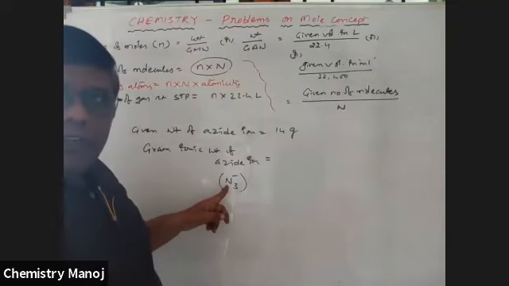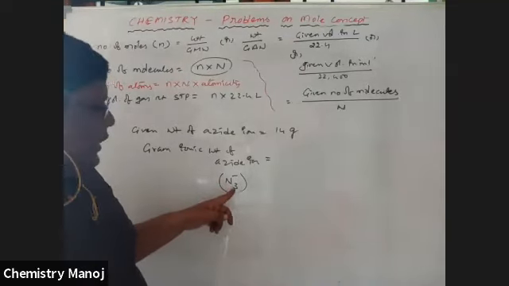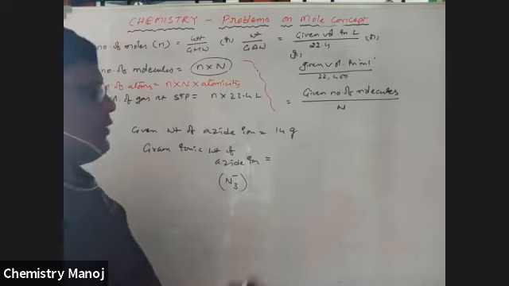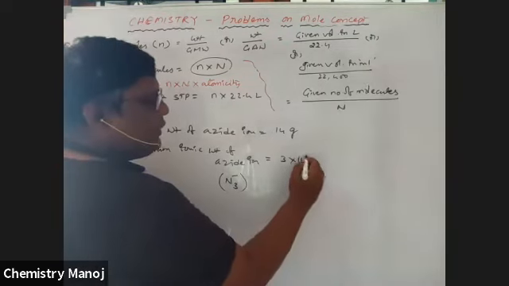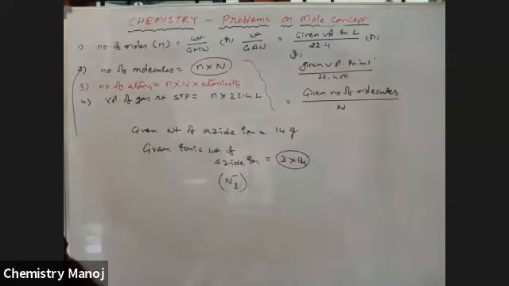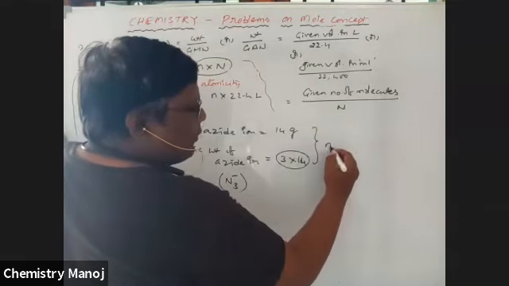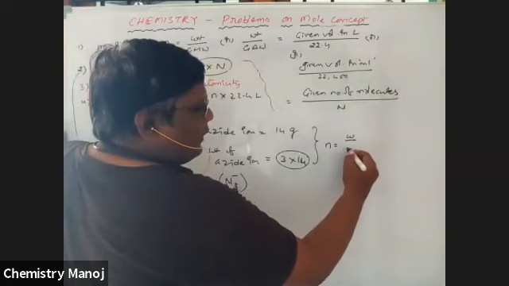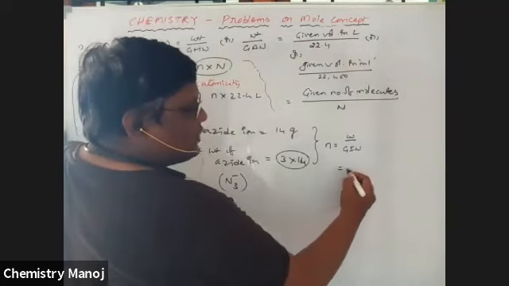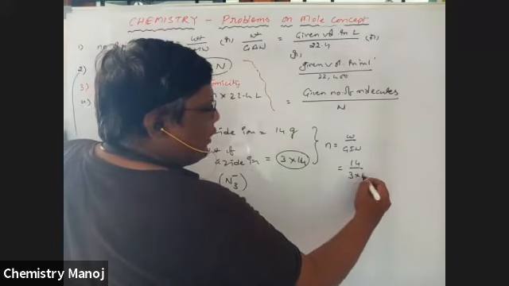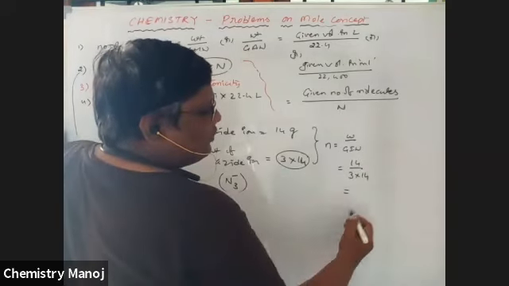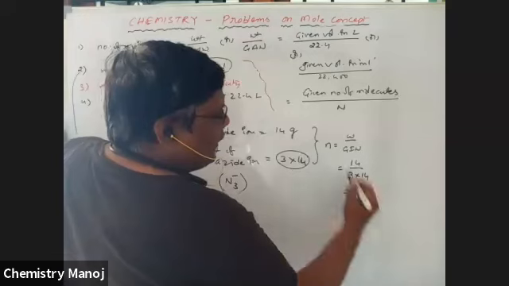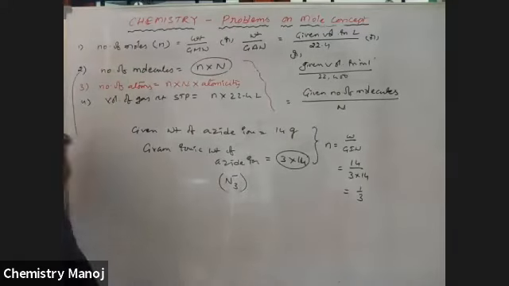Each nitrogen has atomic weight 14, 3 nitrogens are there, so 3 into 14 is the gram ionic weight. Now I want to calculate number of moles. Number of moles is equal to weight by gram ionic weight, which is 14 by 3 into 14, equal to 1 by 3 moles.